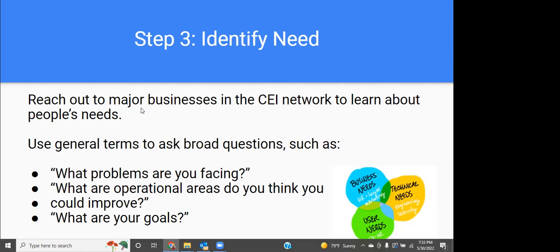So you need to go out with very general and broad questions to a sample of 10, 20, even 50 businesses, and just ask various contacts that we put you in touch with or that you find on your own. The process is the same whether you get assistance from our entrepreneurship accelerator or not.